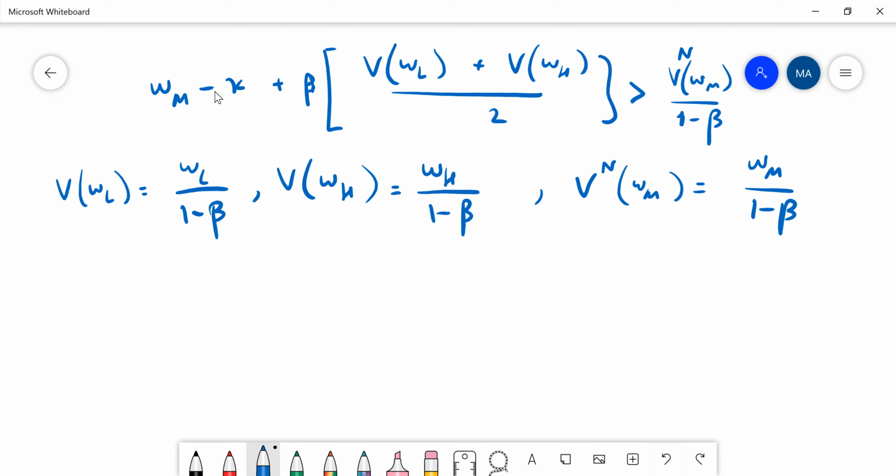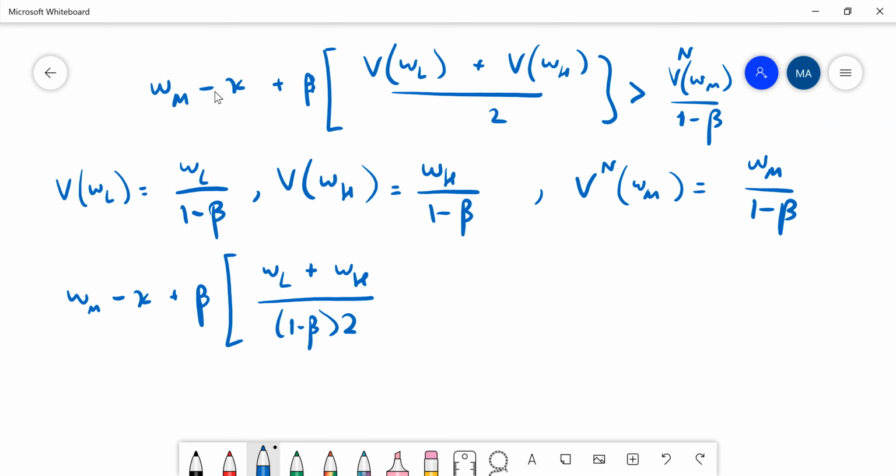So what do we have then? We have Wm minus kappa plus beta, WL plus WH over 2, greater than Wm over 1 minus beta.